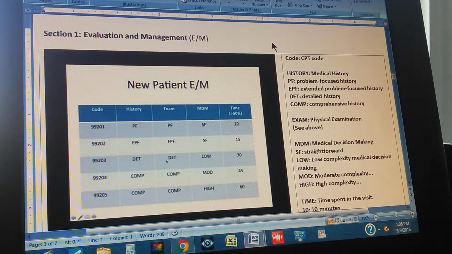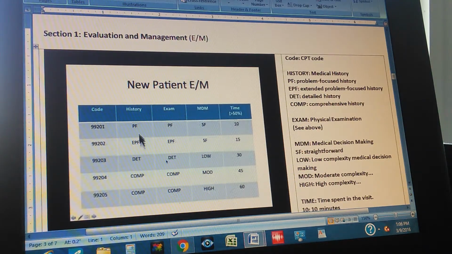What kind of history was done? What kind of physical examination was done? What was the medical decision? And how much time did the doctor spend with the patient? If it's a new patient, if it's an old patient, it's just to classify what kind of visit it is, right? And now we're going to read all in this table here.